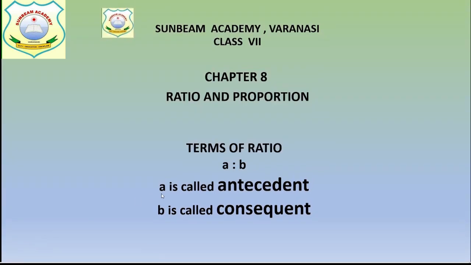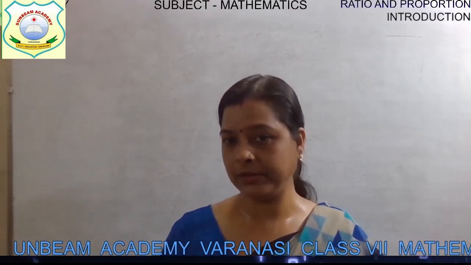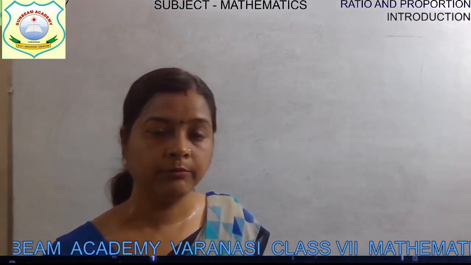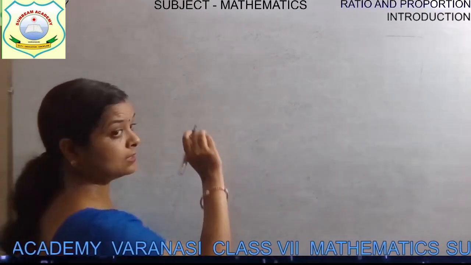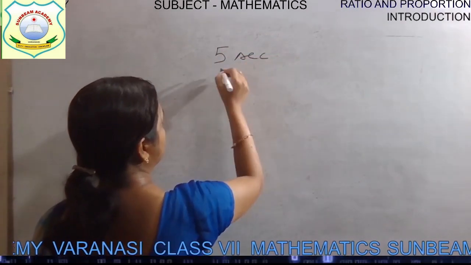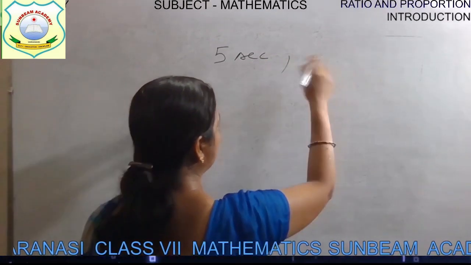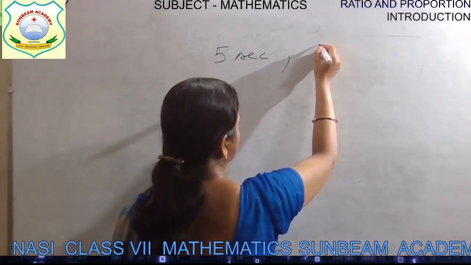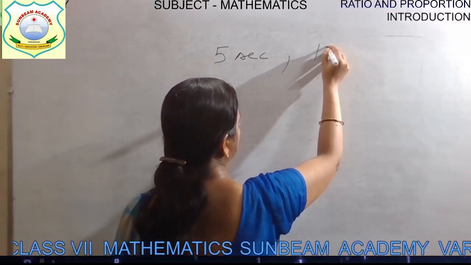Now, after this, we will go through the property. Let me take a ratio having the same unit, say 5 seconds to 14 seconds.